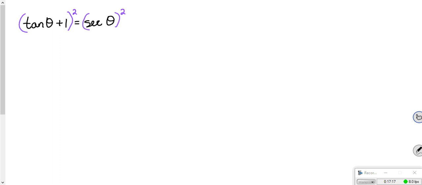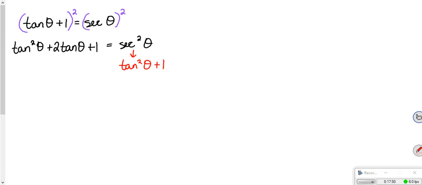You all can FOIL out tan theta plus 1 times tan theta plus 1, but you're going to get tan squared theta plus 2 tan theta plus 1 equals secant squared theta. Now, in place of secant squared theta, we can substitute tan squared theta plus 1. That's one of the trig identities.